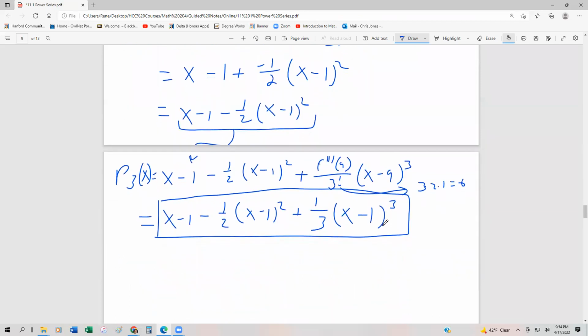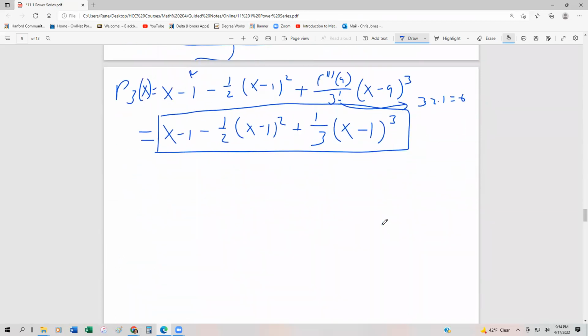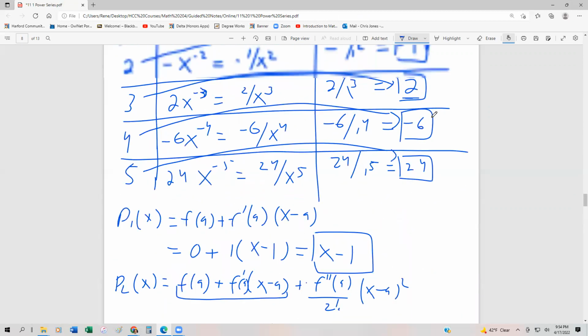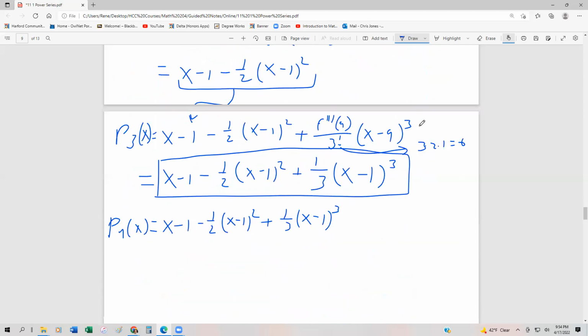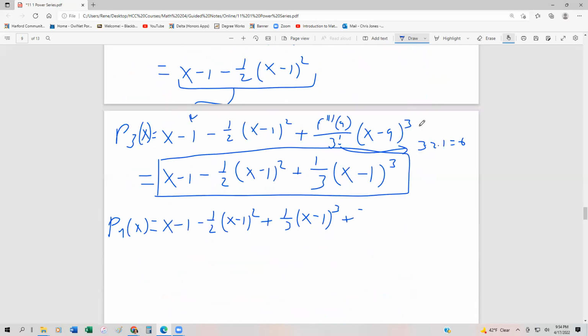Then for our fourth order Taylor polynomial, which I'm going to call P4 of x, that's just going to be the previous: x minus 1 minus a half x minus 1 squared plus a third x minus 1 cubed. Then we take the fourth derivative, which is negative 6, so it's plus negative 6 over 4 factorial times x minus 1 to the fourth.